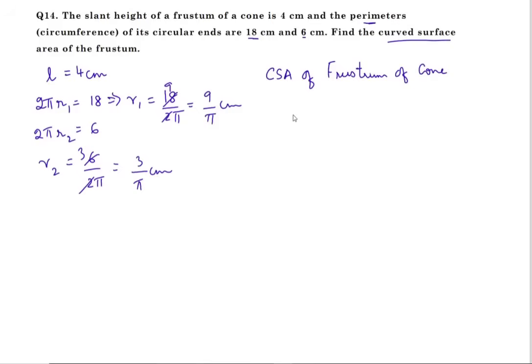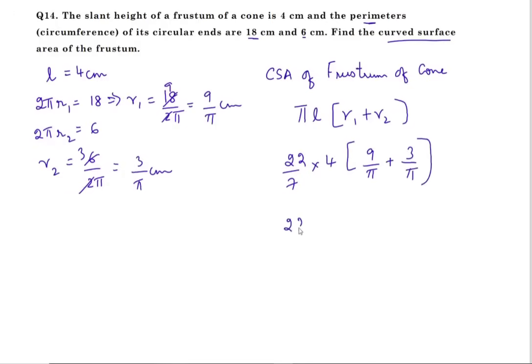It is pi L into r1 plus r2. Very simple formula. Pi L into r1 plus r2. What is L? L here is slant height. What is pi value? 22 by 7. What is L value? It is 4. What is r1? r1 is 9 by pi. What is r2? It is 3 by pi.